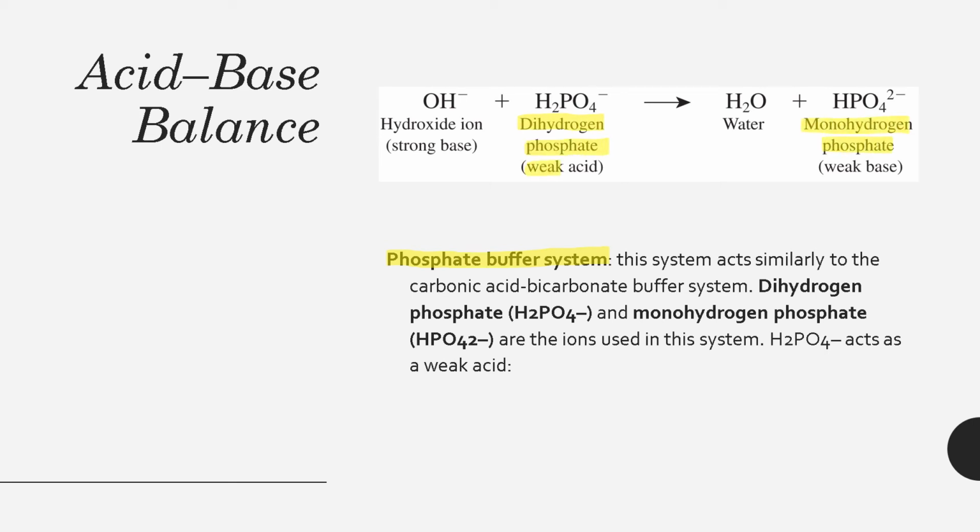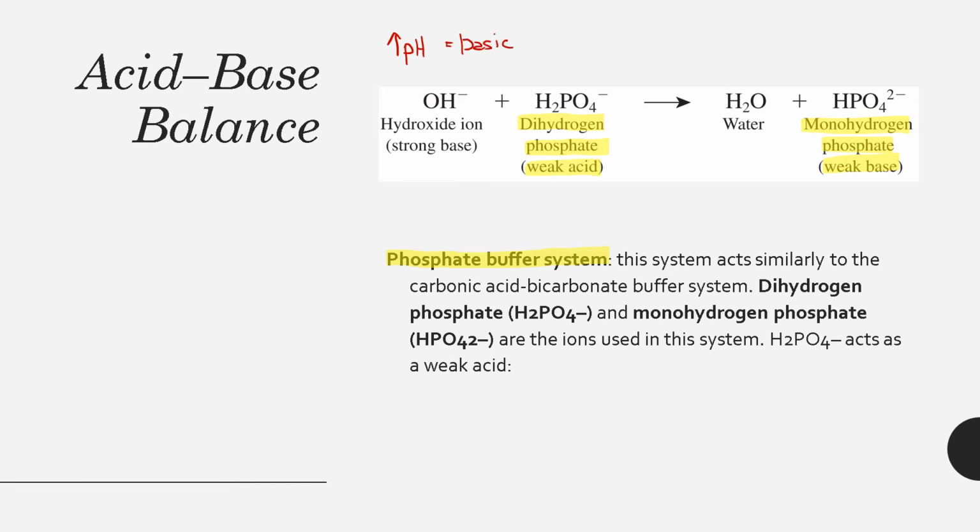These are going to be our weak acids and weak bases. So here in this case, we have very few free-floating hydrogen ions in solution on the left of this equation. So this is going to be a very high pH. So we're looking at very basic solution.